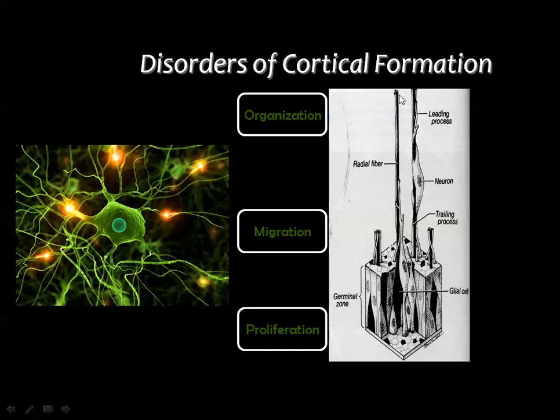And whenever they reach the cortex, they organize into specific parts, and this is the final stage, which is the stage of organization. Then we have three definitive stages that can be subjected to any abnormality. The stages are the stage of proliferation, the stage of migration, and the stage of organization.